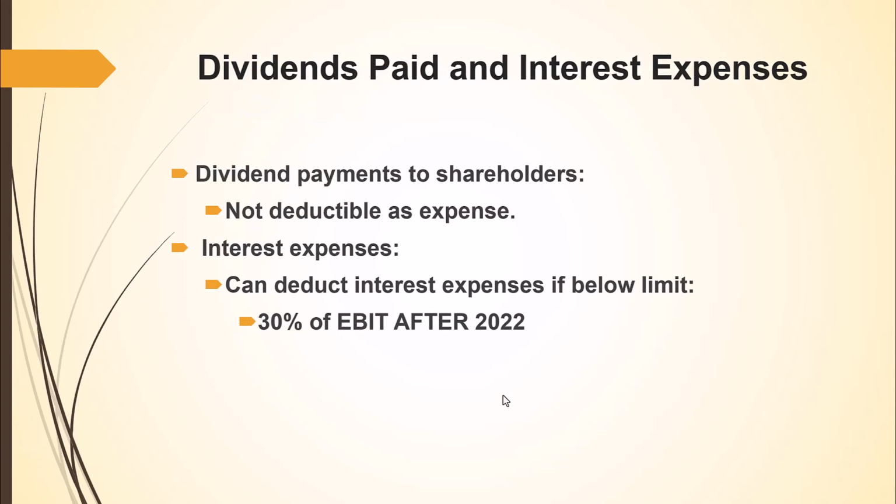What about dividends paid and interest expenses? Dividend payments to shareholders are not deductible as expenses. They come out after net income. But interest expenses have a new rule, right? We can deduct interest expenses from our operating profits, EBIT, but only to a limit of 30% of EBIT.